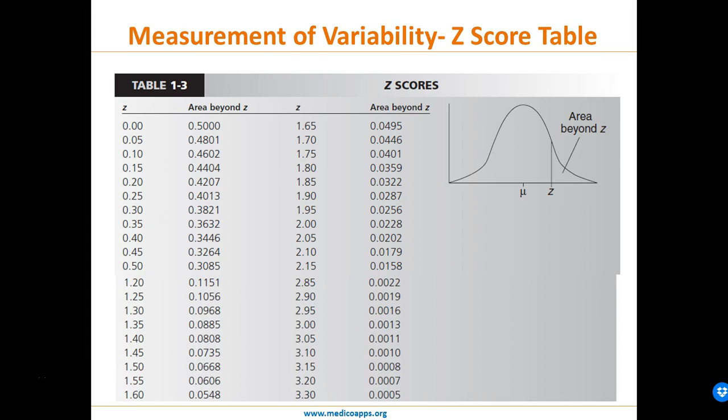So I'm just trying to tell you that this is the plus 1.5 value, that is 0.0668. Let's for now focus on this value 1.5, whose area beyond Z is 0.0668.